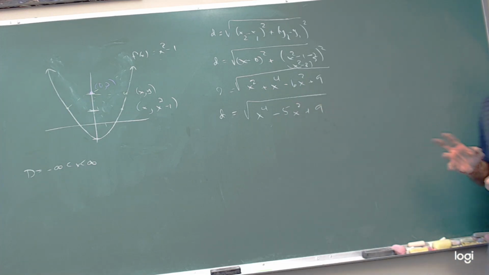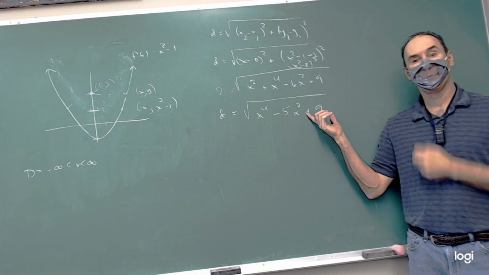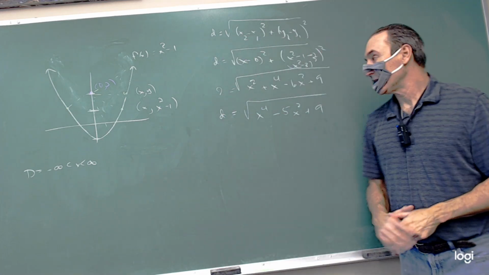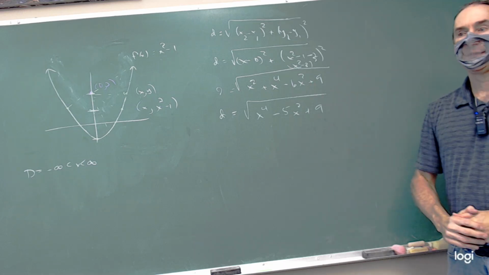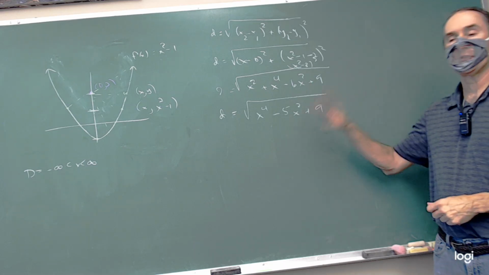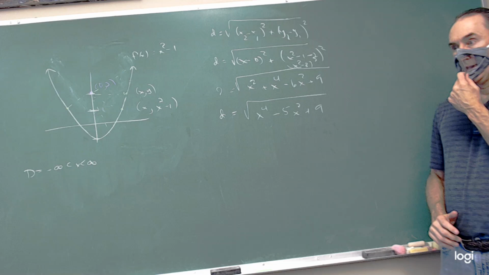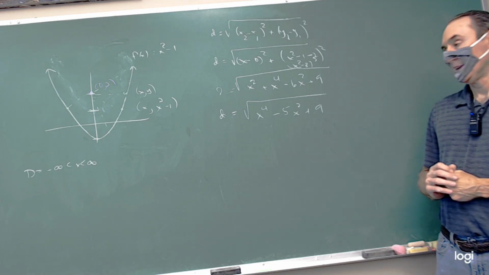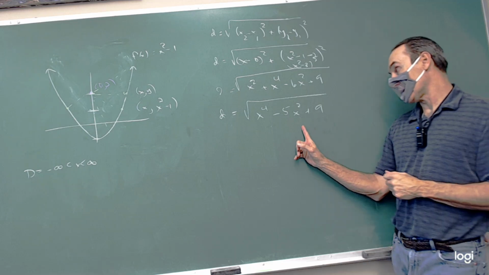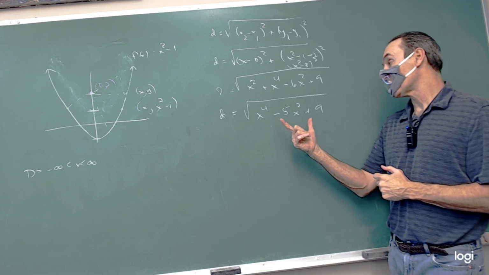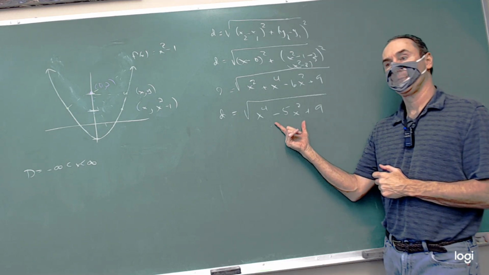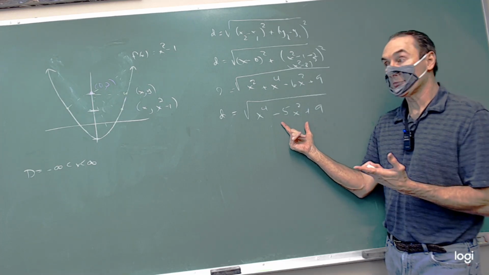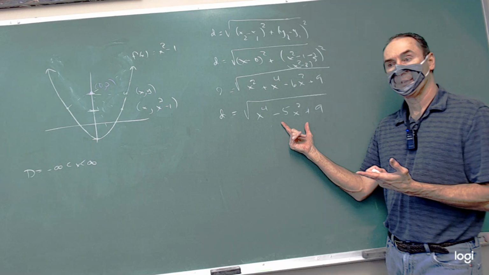This is what we're trying to minimize. We're trying to find the absolute minimum of this function on this domain. But this is a really, really messy function because of that square root. It's a chain rule. It's going to get really, really hard to work with. So we can, if we notice, say that the value of x that makes this square root the smallest is the same value of x that makes this without the square root the smallest.